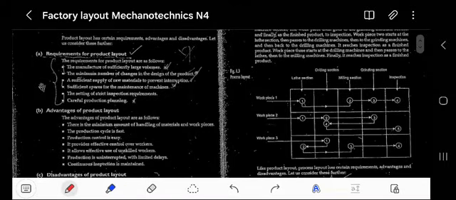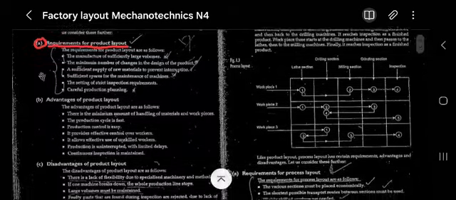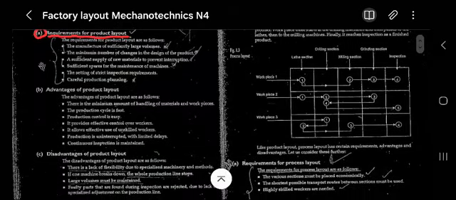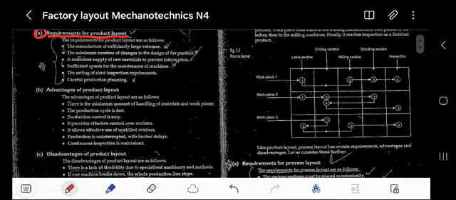Okay, this is extra information about the requirements for product layouts. The requirements of product layouts are as follows: manufacture of sufficiently large volume.